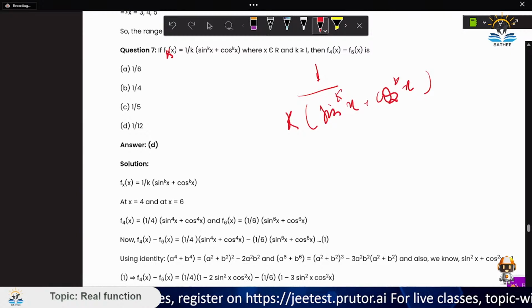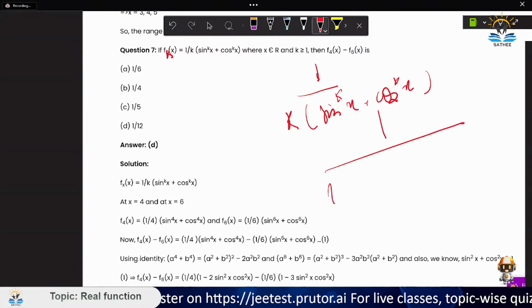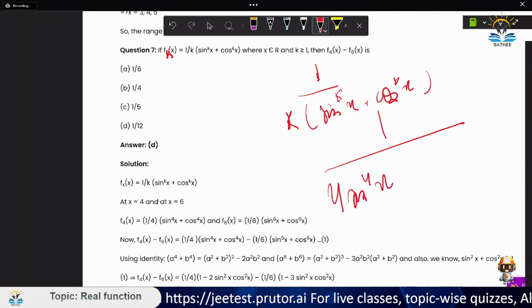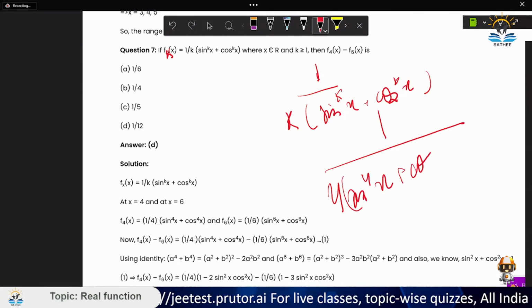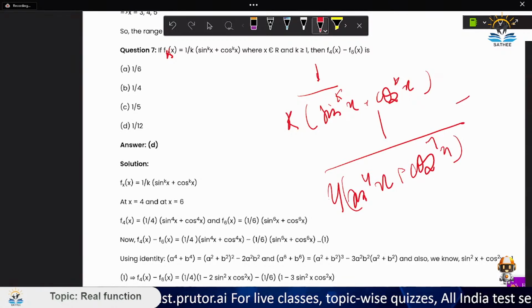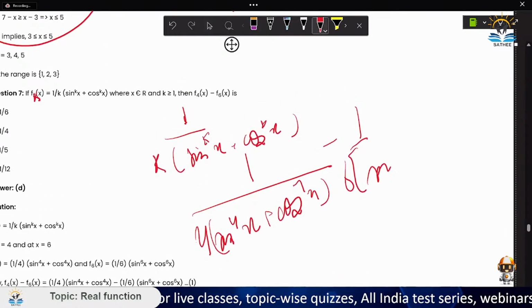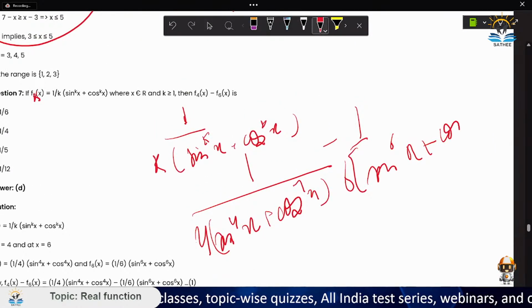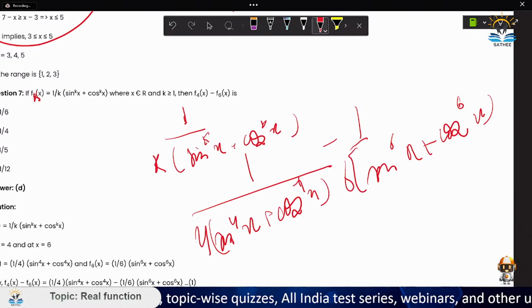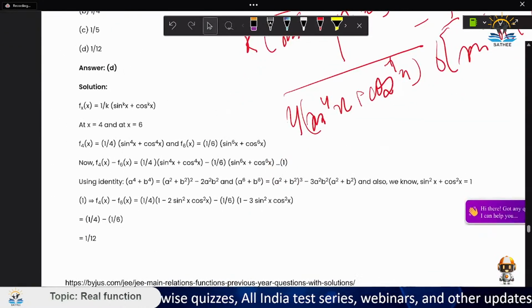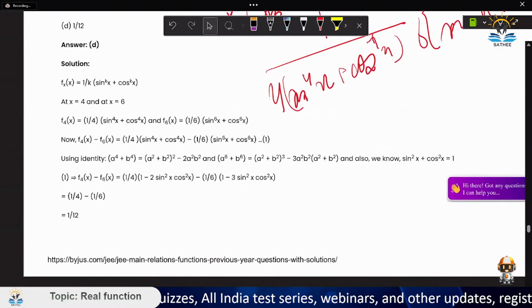So let's try calculating this. 1 by 4 (sin^4 x plus cos^4 x) subtracted from 1 by 6 (sin^6 x plus cos^6 x). So this has been done, and now on subtracting, what we get is this.